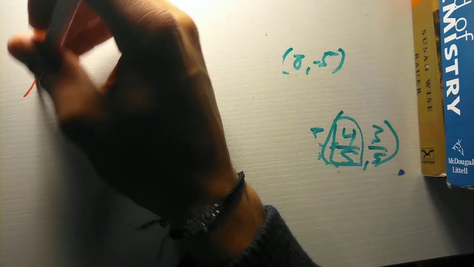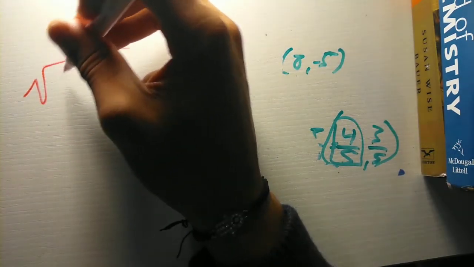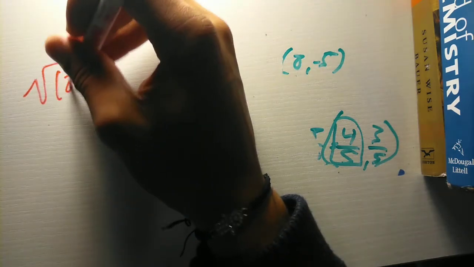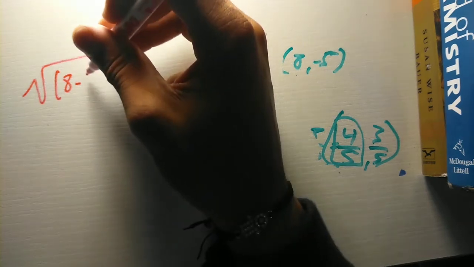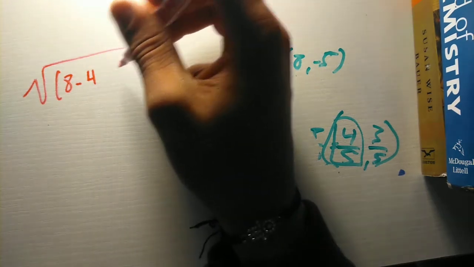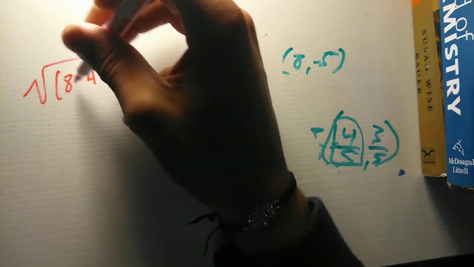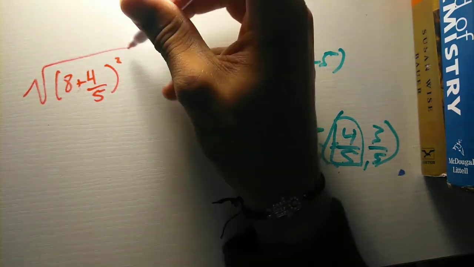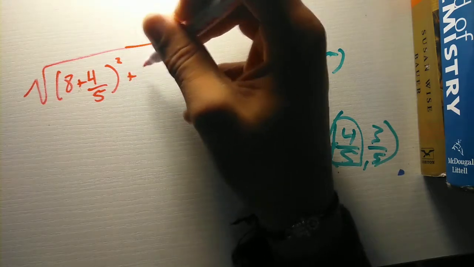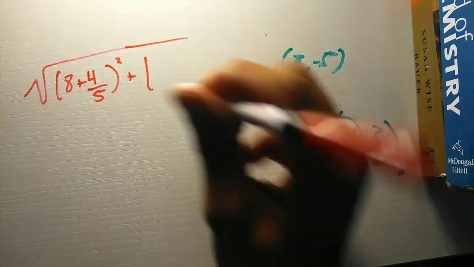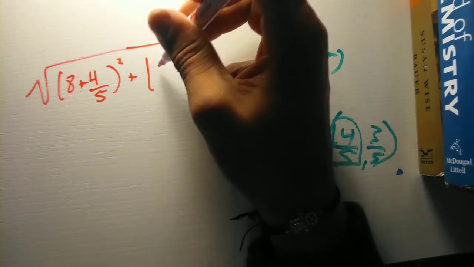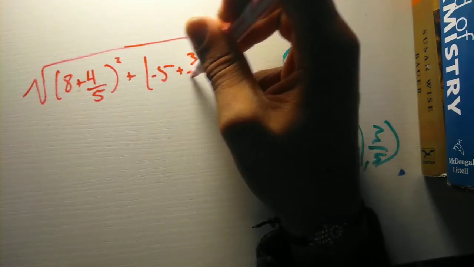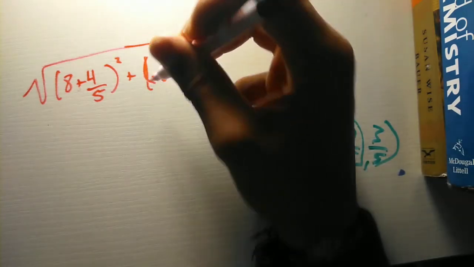Distance formula, let's write that over again. Our x's are 8 minus 4, oh sorry, my apologies, plus 4 over 5, squared. And then we have plus our y's, which are negative 5 plus 3 over 5 squared.